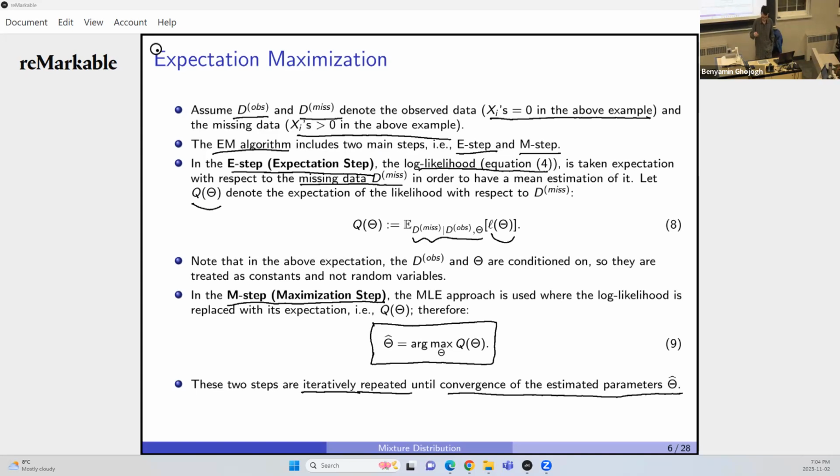In the expectation step, we take the expectation of the log likelihood or likelihood, so it's a conditional expectation, of the missing data conditioned on the observed data and theta. And then in equation 9, we maximize. In the maximization step, we maximize the expected likelihood, right? And we do it iteratively until convergence of the parameters.